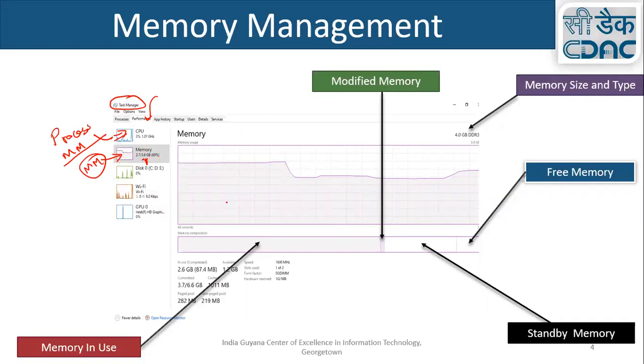Here there are a lot of things. First, this is the memory size and the type of the memory. Here the memory size is 4.0 gigabyte, and this is DDR3 RAM. In the hardware part, you already learned what DDR1, DDR2, DDR3 are. These are the different standards of the main memory.